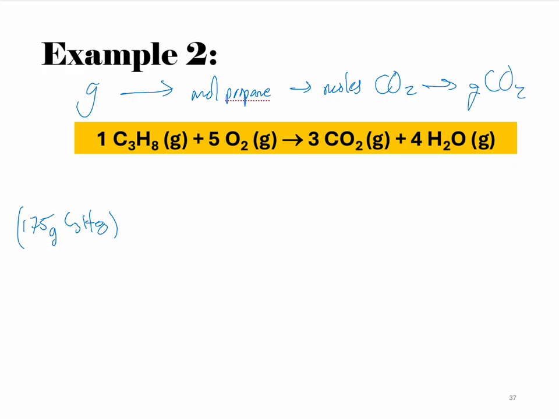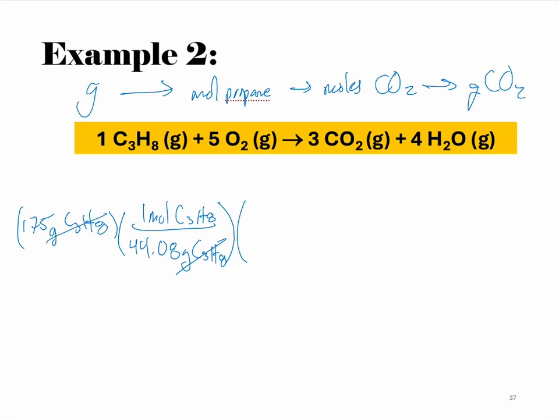That's the flow chart that we had. So if we get 175 grams of propane, we first are converting that into moles using what? Molar mass, which was 44.08 grams C3H8 per 1 mole C3H8, units of grams cancels out.